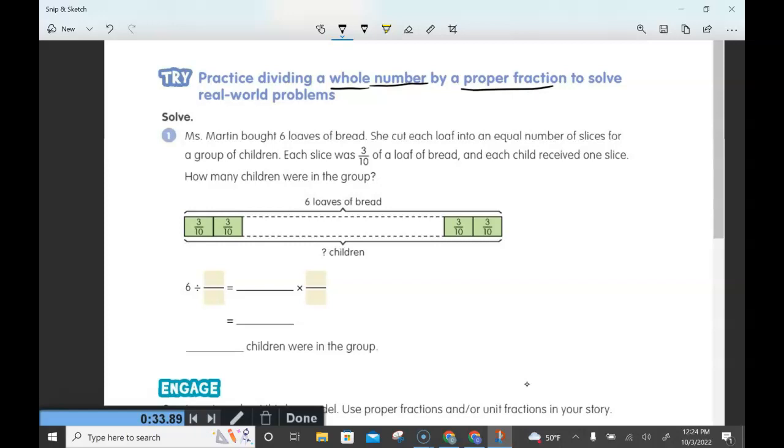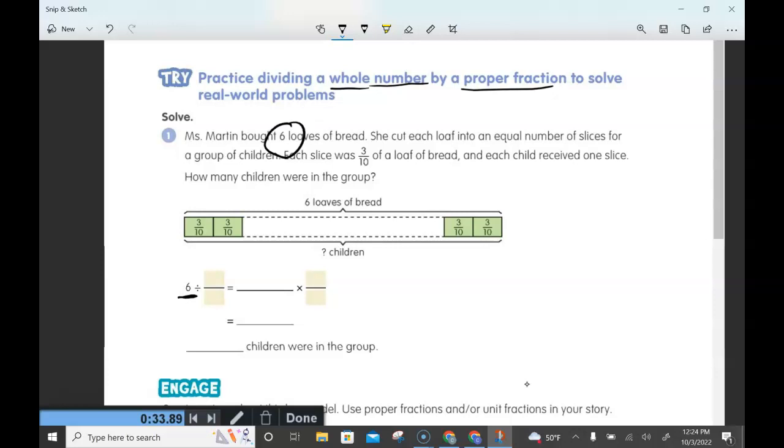So what we need to do, we need to think about what we're dividing here. So whenever we have a whole of something and we're cutting it into 3/10 of a loaf of bread, for example, that whole number, 6, is going to be our dividend. You can see right here. Because one of the things that a lot of students get mixed up is what's going to be your dividend, what's going to be your divisor.